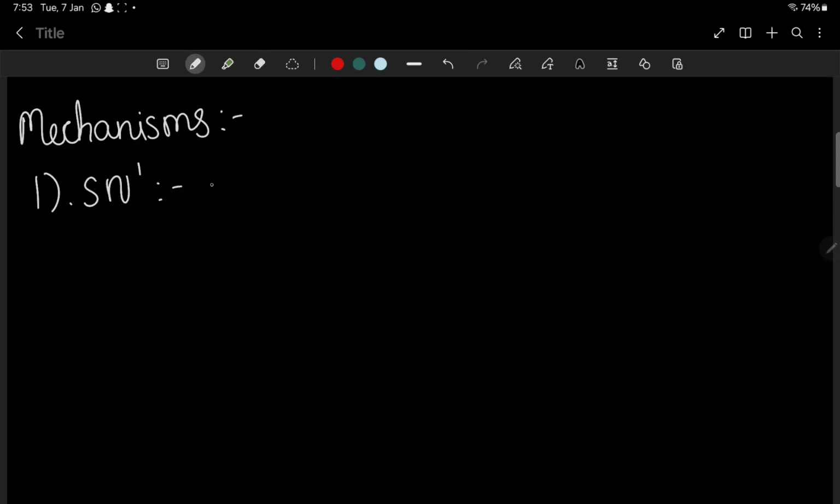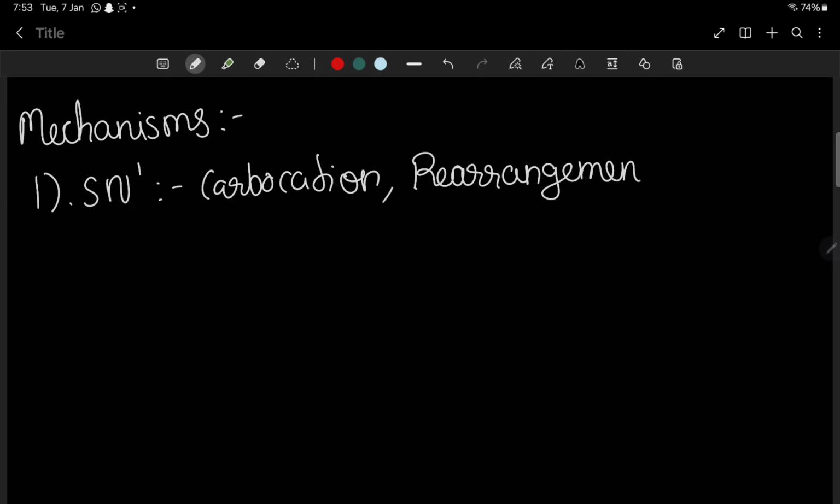Now they are telling about the mechanism for nucleophilic substitution. I don't have time for explaining the mechanism, so I will just briefly tell the SN1 mechanism. It is a carbocation formation mechanism. Rearrangement is possible. Racemization.